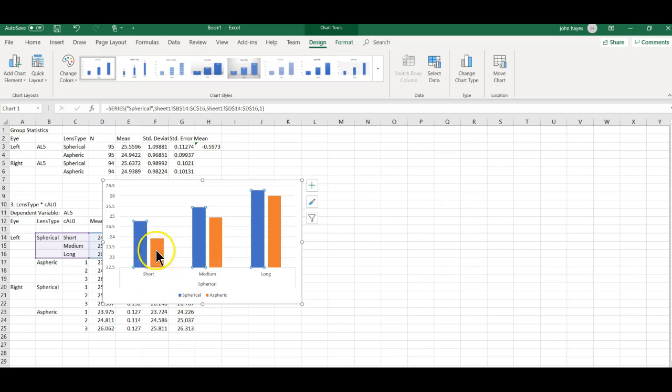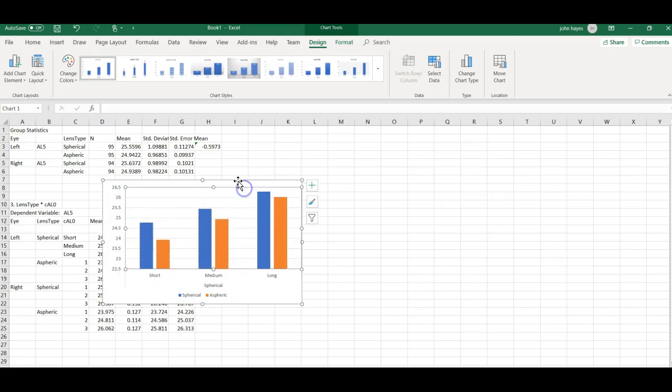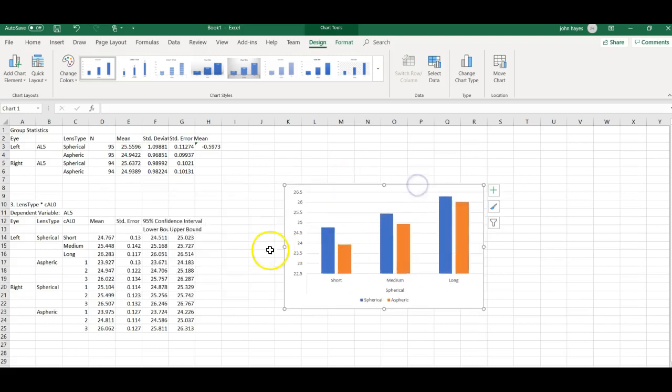So blue is spherical, orange is aspheric, and you can see that the difference, just as we saw in that scatter plot, is big at the short end of baseline, medium, and not much difference here. So this is mirroring the scatter plot that we had.